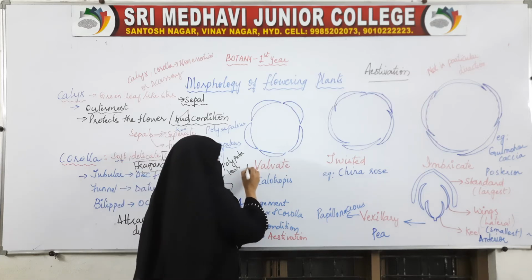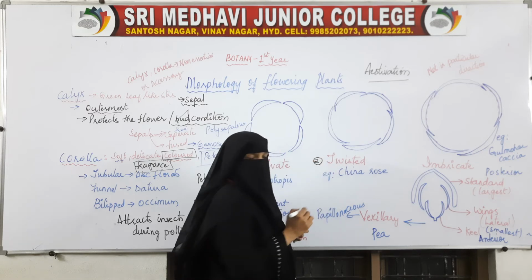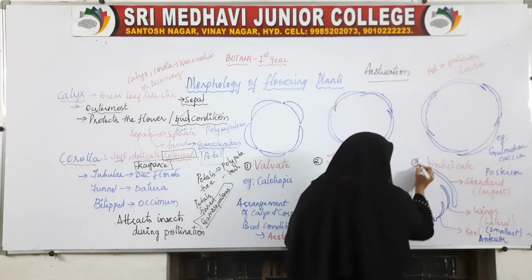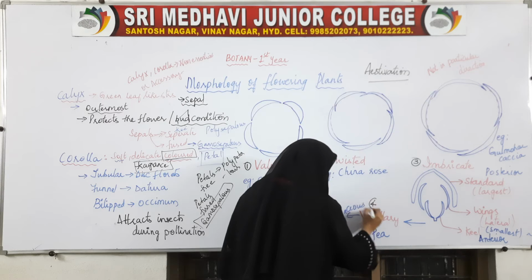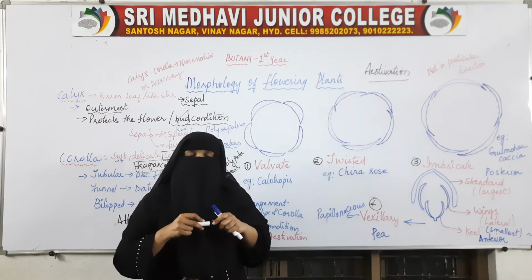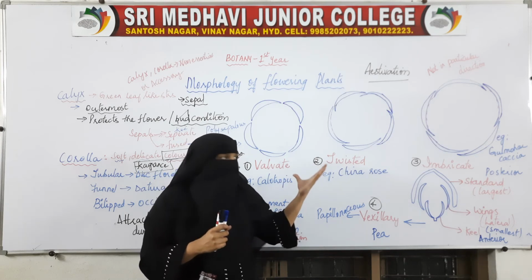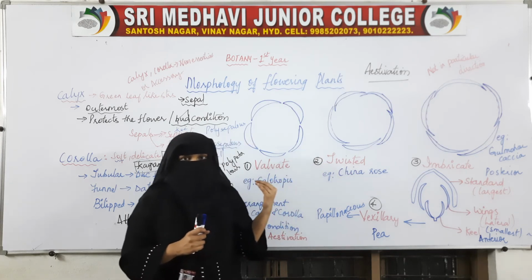The first is valvate estivation, the second is twisted estivation, the third is imbricate estivation, and the fourth is vexillary estivation. That is, calyx and corolla can be arranged in bud condition in four different ways.